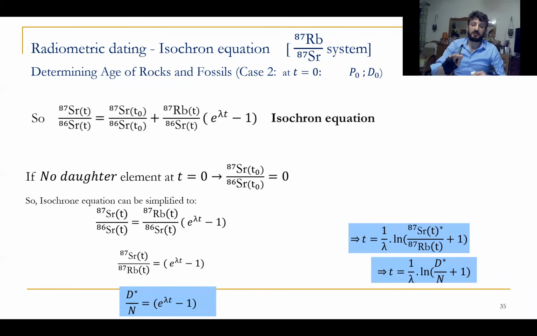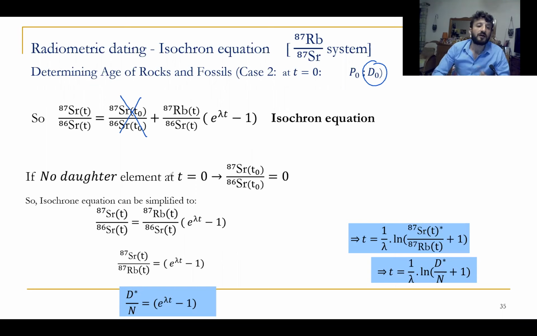What is the difference between case 2 and case 1? Only in case 2 we have D0, a quantity of stable atom at the initial time. If I eliminate the initial value of strontium here, we must get the same value as before.